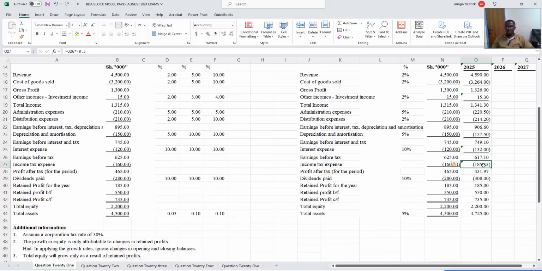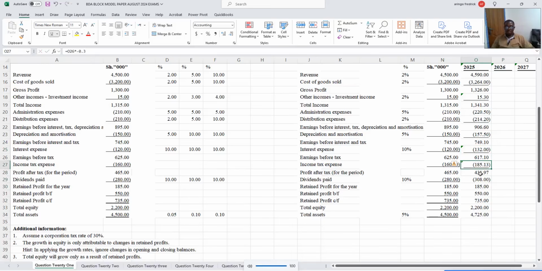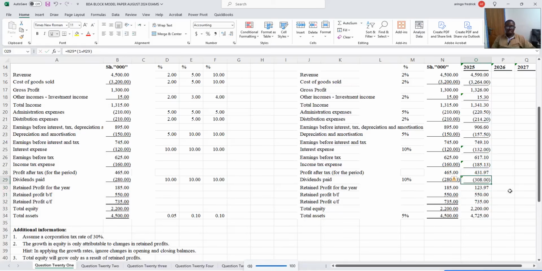Then we come to our profit after tax for the period, of course, the summation of that. Dividends paid, so retained profit. All I'm doing is to simply sum that up. So at this point, it will give us retained profit for the year.